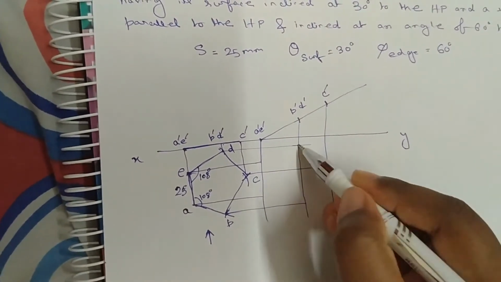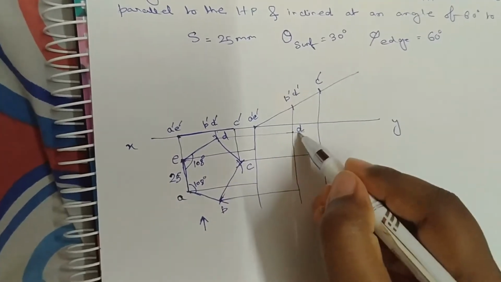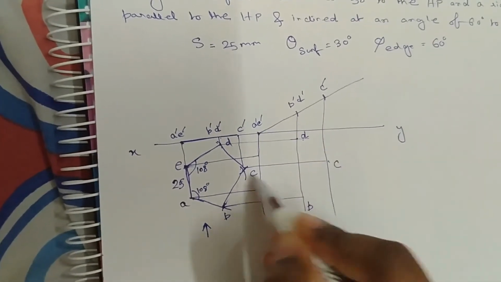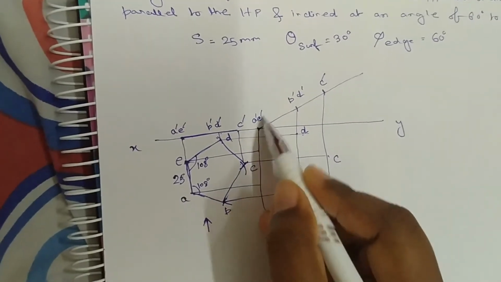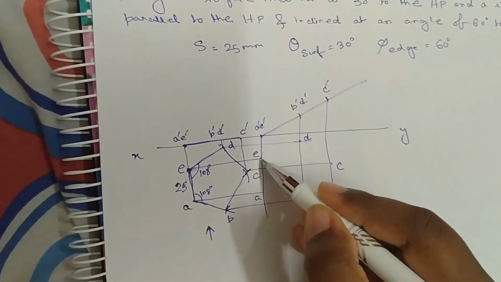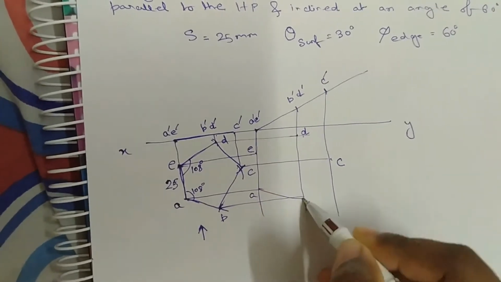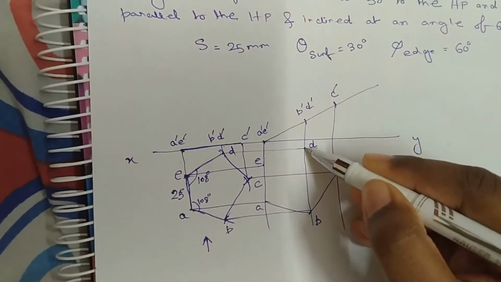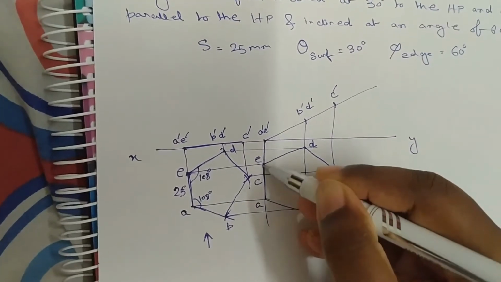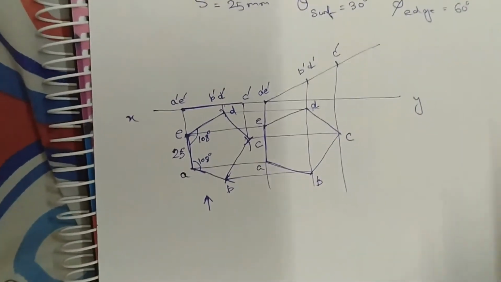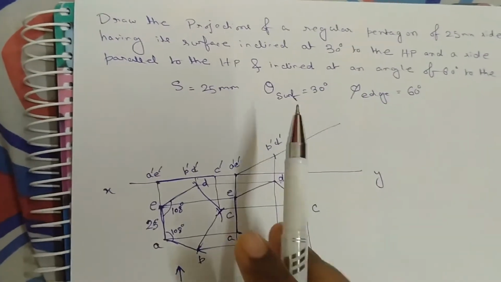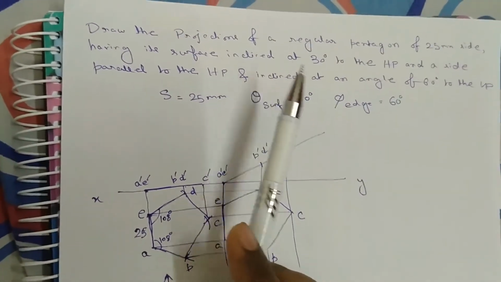So corresponding to this will be D, D dash, D, B dash, here B, so this will be B, C dash, this will be C, E, E dash, so this is E, A dash, this is A. So after joining these, A, B, B, C, C, D, D, E, and EA, we will get our top view.